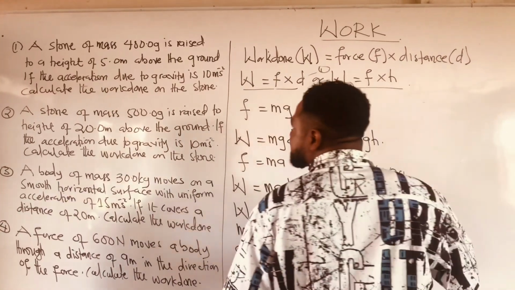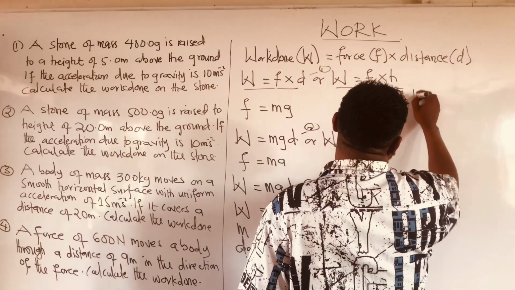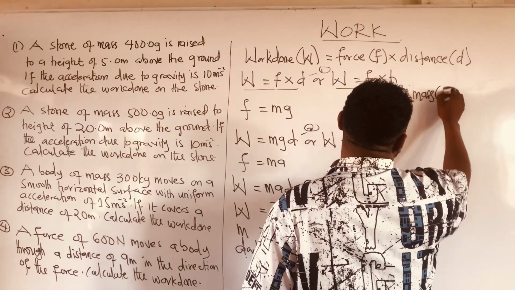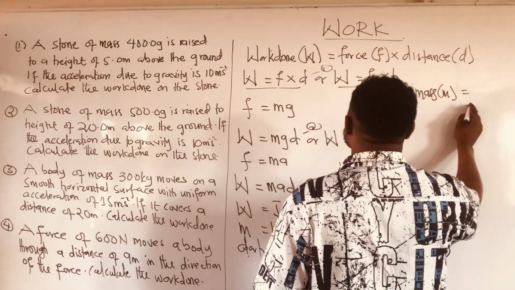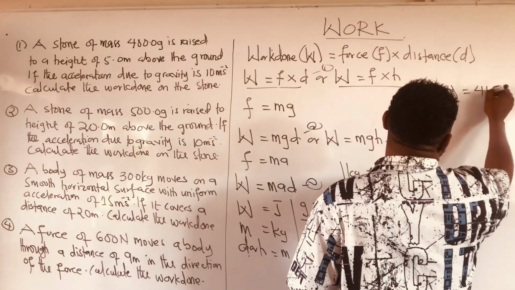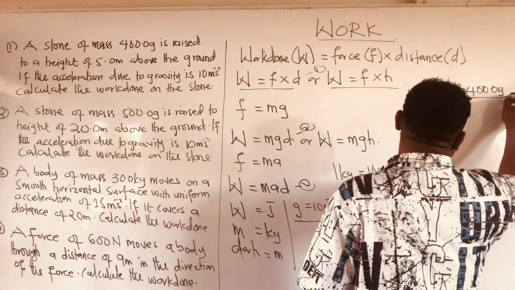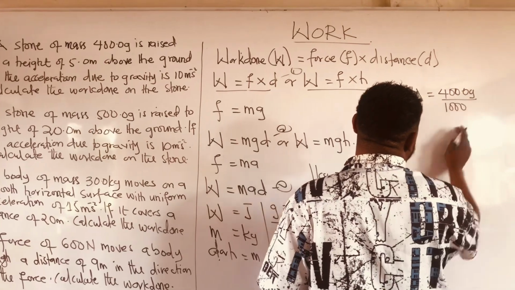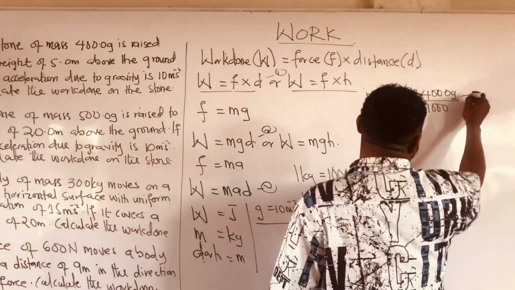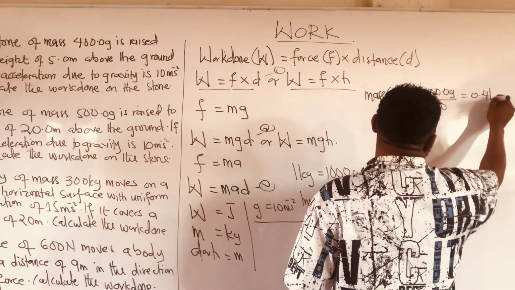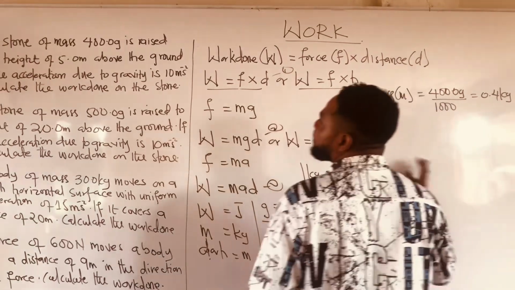If you look at question number 1, the mass of the stone is given. So we write our data down. The mass of the stone is 400.0 grams. Our mass is in grams, so we change it to kilograms. We divide it by 1,000, which will give us 0.4 kilogram, as we can see.